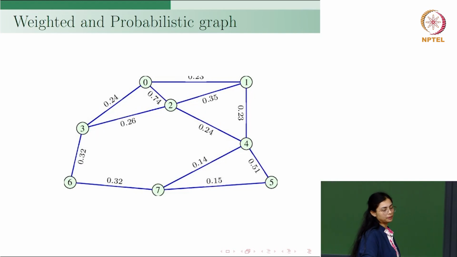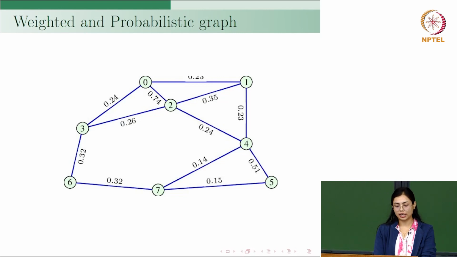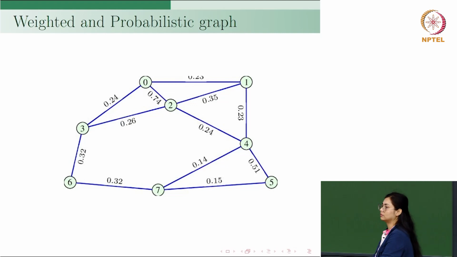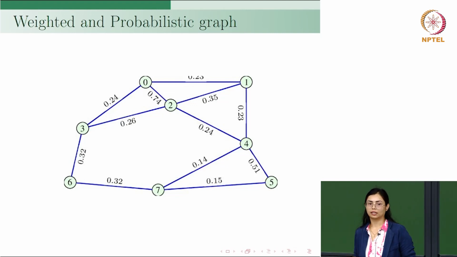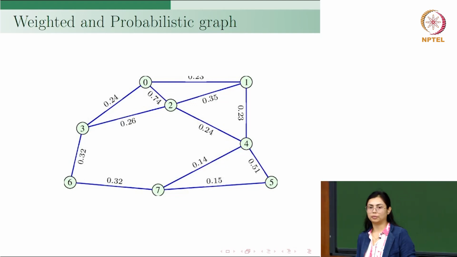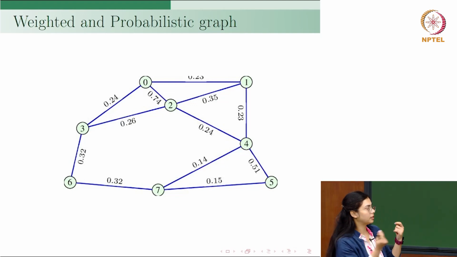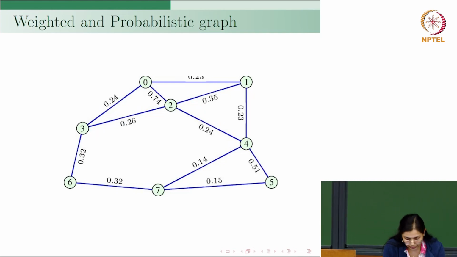Do you think Google Maps is a weighted graph? The weights are the distances between nodes, or we can say traffic, crowd or waiting time, based on which we find the maximum or minimum time to reach the destination.